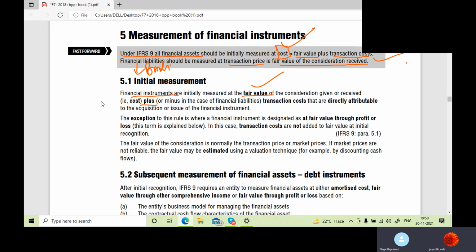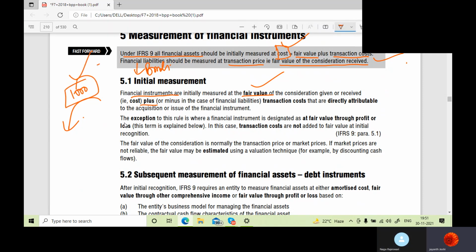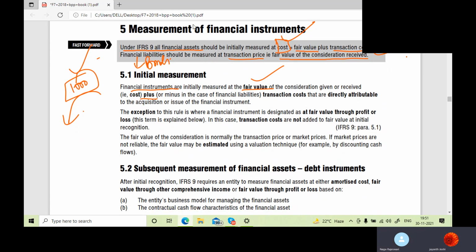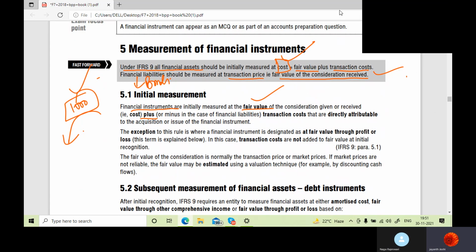That is how much you are borrowing and giving them the bonds at some value. Agreeing to pay some $1,000 is your redemption value, which is not what we are speaking about. We are speaking about the fair value at which you have sold them the bond. Fair value is the market value as on that day.